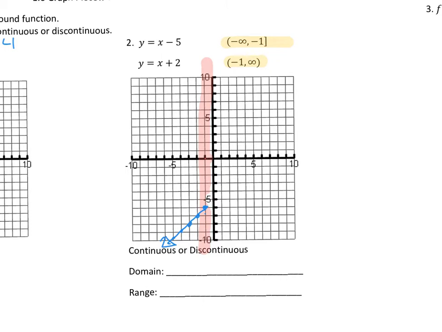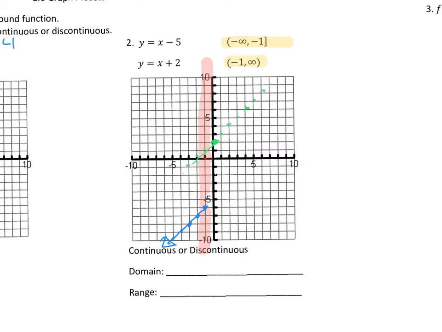Okay, so we come over here, and I'll do this one in green. We start at positive 2 because that's the y-intercept. So we start here, and we go up 1 over 1, up 1 over 1, up 1 over 1. And then we also go this way.